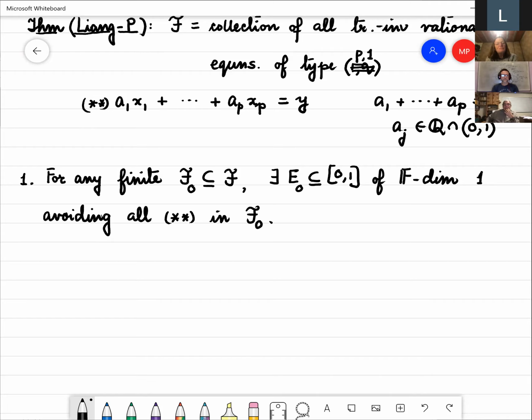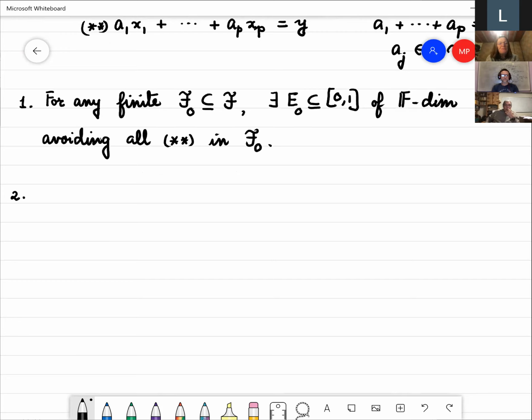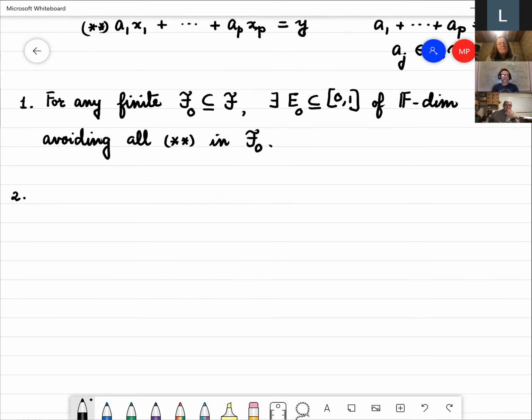So that's part one. Part two is not a strengthening, but a similar result can be obtained for a certain countably infinite subcollection of script F as well.